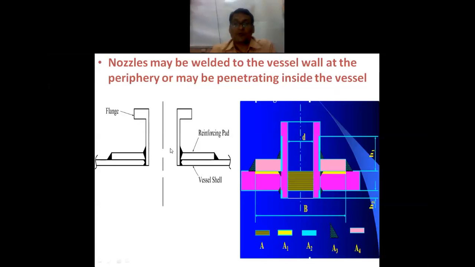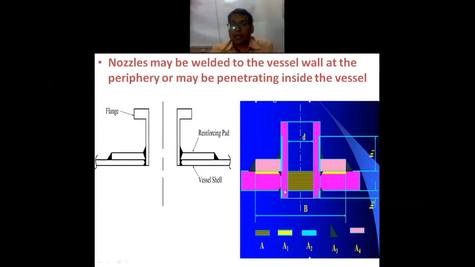Now there are two figures. In this figure, the nozzle pipe is attached only up to the vessel shell, up to the periphery. However, in this second figure, it is penetrating inside the vessel.